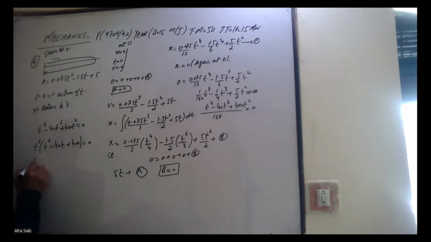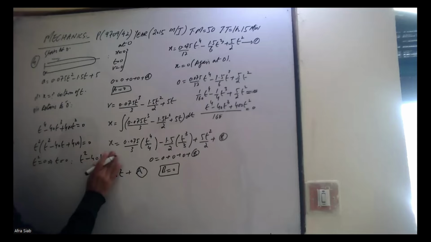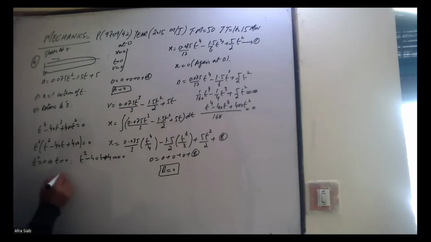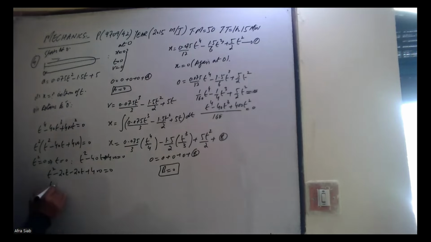Now, either t square is equal to 0, which means time is equal to 0, or t square minus 40t plus 400 is equal to 0. So it is t square minus 20t minus 20t plus 400 equal to 0, which gives (t minus 20)(t minus 20) equal to 0.